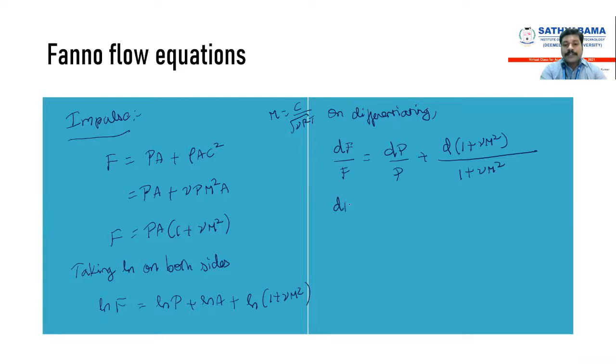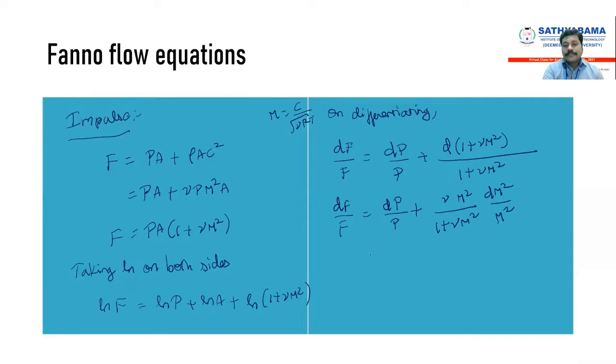Now you are going to change this term as dP by P plus, on differentiating only gamma M square, so gamma dM square divided by 1 plus gamma M square, and here I am going to multiply and divide by M square in order to get the equality of the function, right?